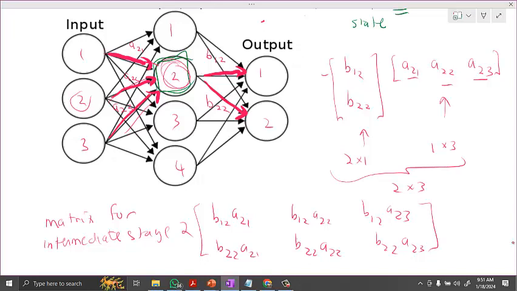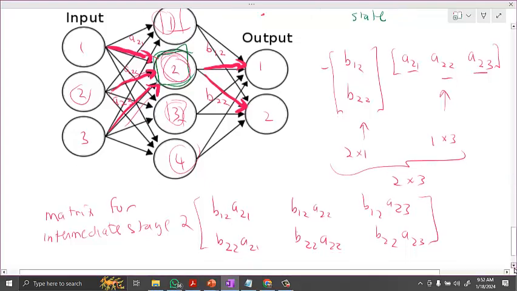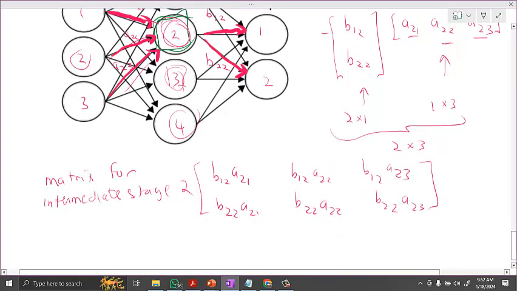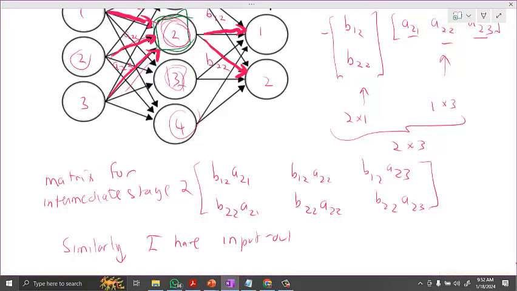But I have 3 other states that I can look at. Each one of these intermediate stages is going to have an input-output matrix. Okay? So similarly, I have input-output matrices for intermediate stages.